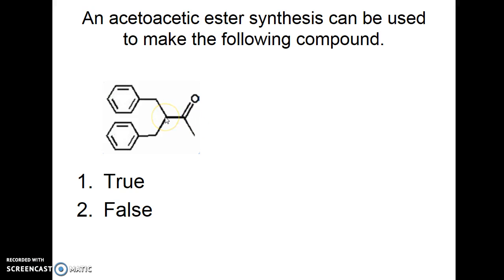That was the carbon that was between the carbonyls, and then on the other side was a carboxylate, an acid group. So could this have been made? Well, yes, because this could have been benzyl chloride or benzyl bromide, and this could have been benzyl bromide, and then we could have heated in acid and decarboxylated. So true, this could have come from an acetoacetic ester synthesis.